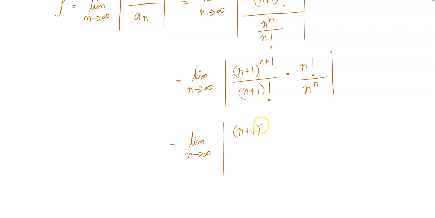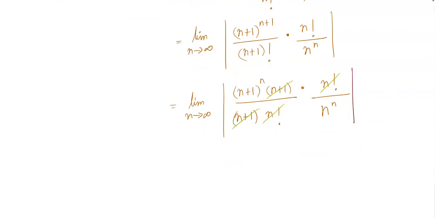And the numerator here can be split as n plus 1 power n times n plus 1 power 1. Right? And the factorial is like before, n plus 1 times n factorial. And here you have on the other fraction n factorial over n power n. So see that this n plus 1, n factorial, they all go away. This leaves us with n plus 1 power n over n power n.